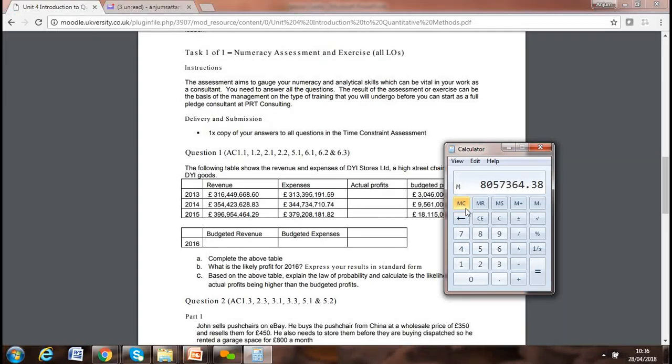I'm confused about how we calculate the budgeted revenue and the budgeted expenses for 2016, for the next year. Okay, if you look at the previous year and this year, what is the change there?